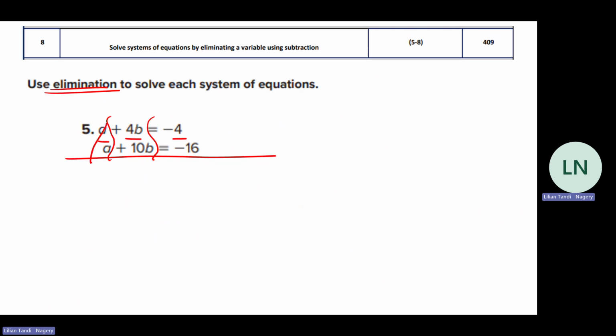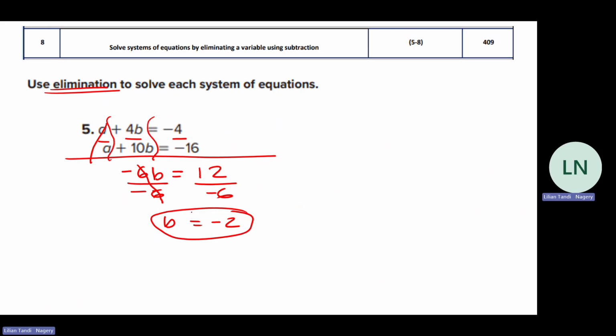This will be 0. 4b minus 10b will become negative 6b, which is equal to negative 4 plus 16, which will be 12. Divide both sides by negative 6. B should be negative 2.